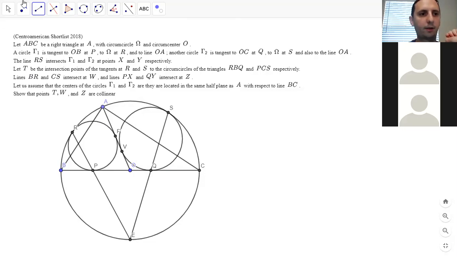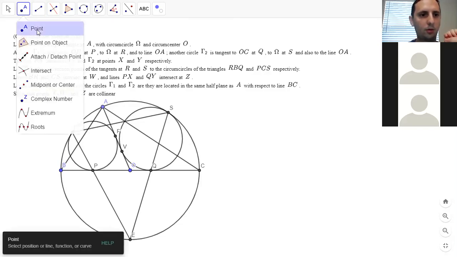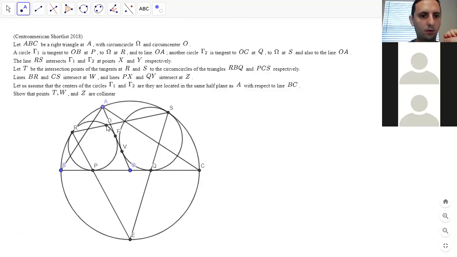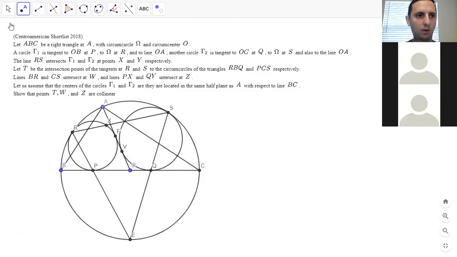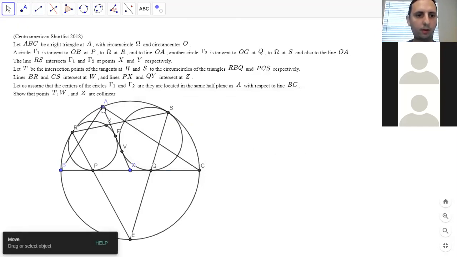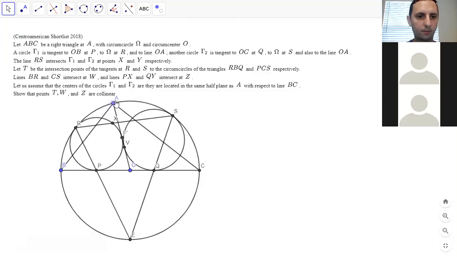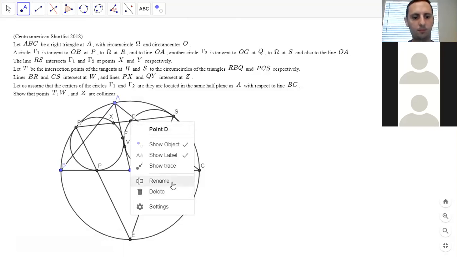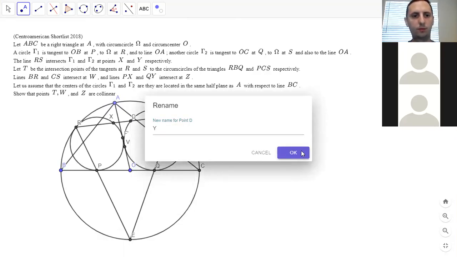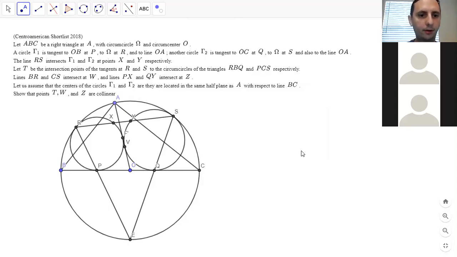The line RS intersects the circles at X and Y. So this is X. Let me move it so that these don't look like they concur. T is the intersection point.